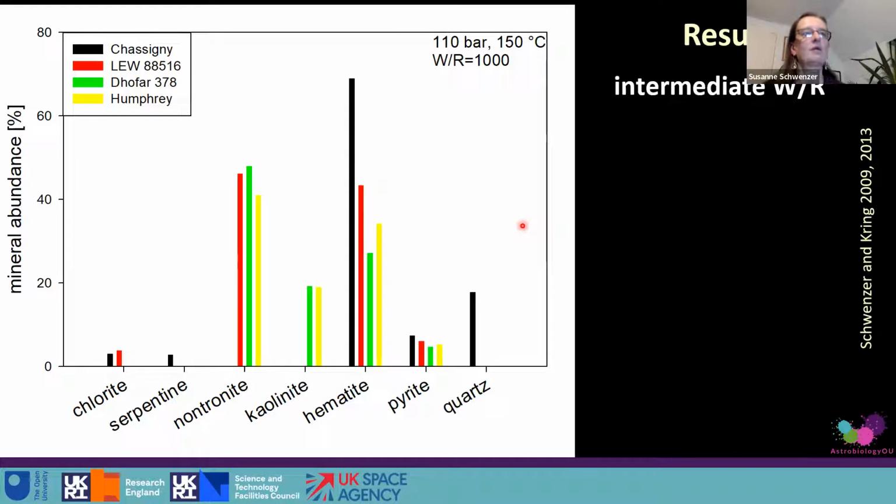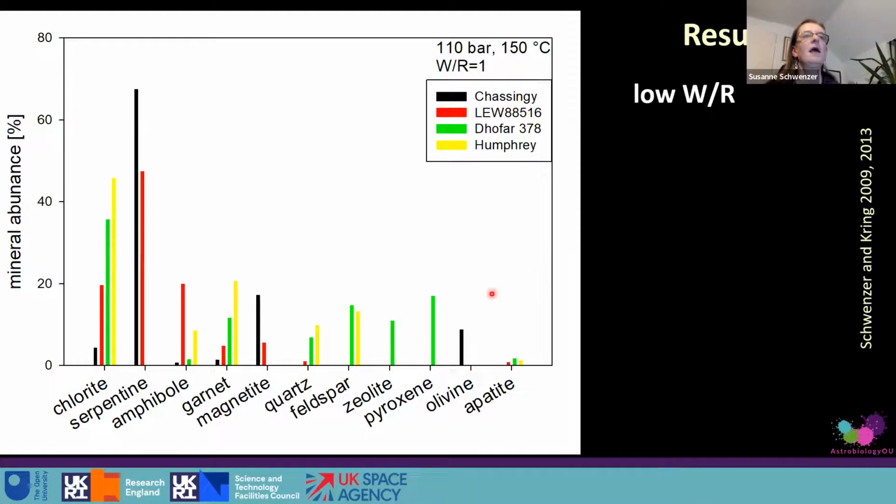Now, looking at what would happen if we have even less water at the same temperatures, what you then get is what would be a metamorphic composition, even forming garnet maybe at these temperatures, but certainly some amphibole, some serpentine, and you see that a lot more serpentine is formed when you have less water, and everything is skewed towards the more metamorphic assemblages. I will be focusing on the hydrothermal assemblages mostly, but not solely.